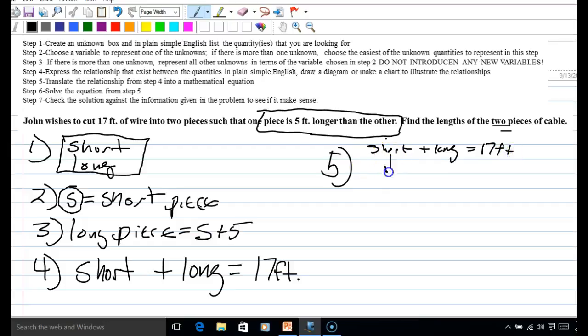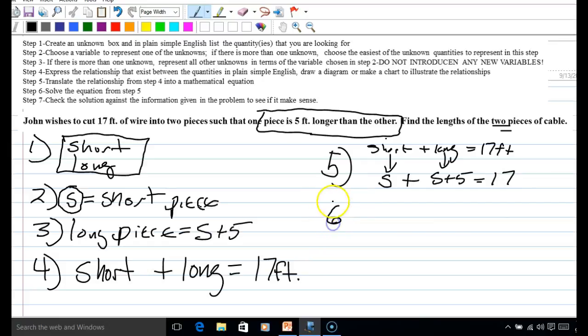Now, in step 2, I designated the length of the short piece of cable as S. So that's S plus. In step 3, I designated the length of the long piece of cable as S plus 5. So S plus S plus 5 is equal to 17. That's the equation that you need to solve this particular story problem.